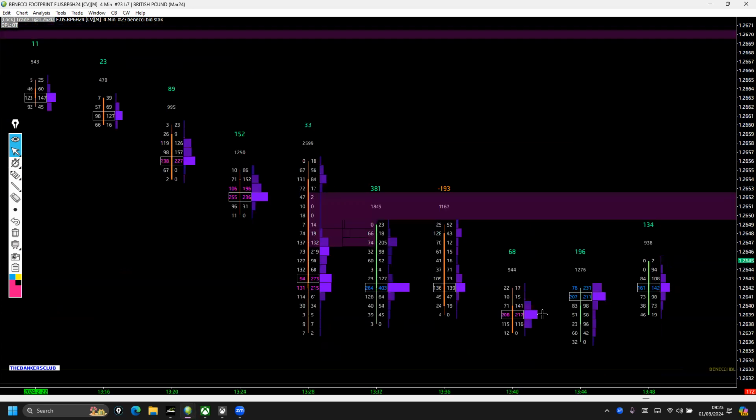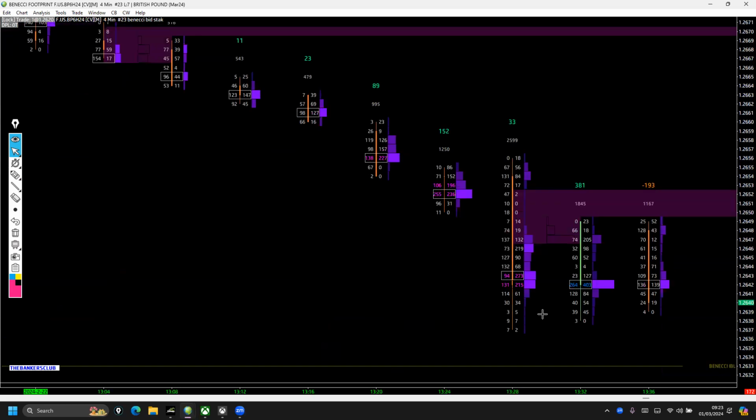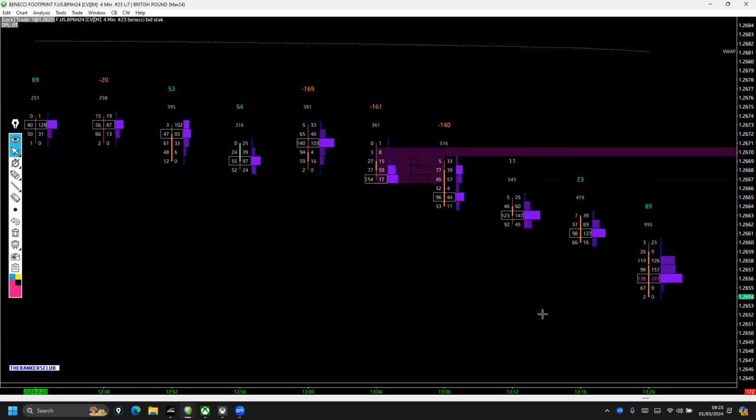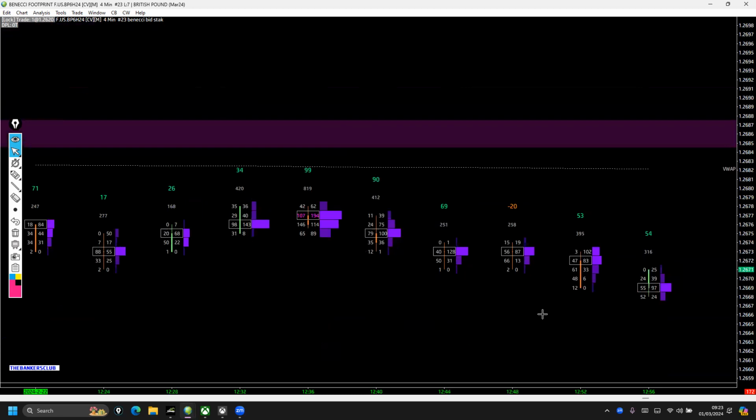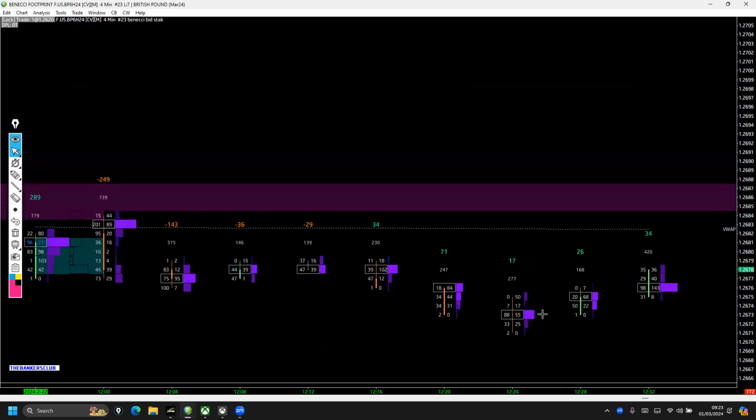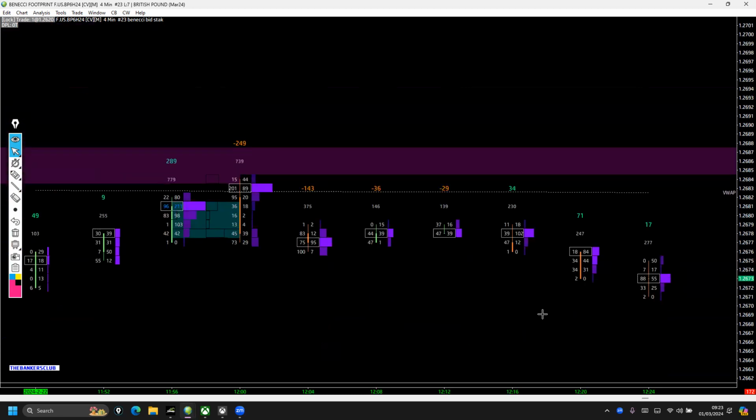So that's how we can use imbalances and incorporate them into our trade plan, especially at points of interest. For a sell reversal example, we want to see aggressive buying into the point of interest with an increase in volume, a switch to the sell side, and some absorption, which I'm going to cover in another video.